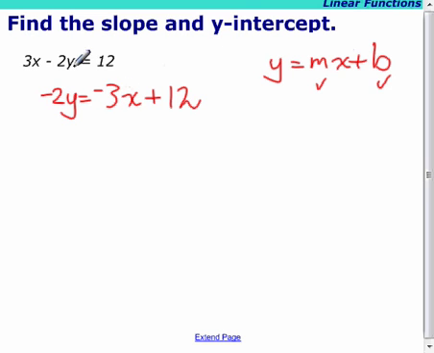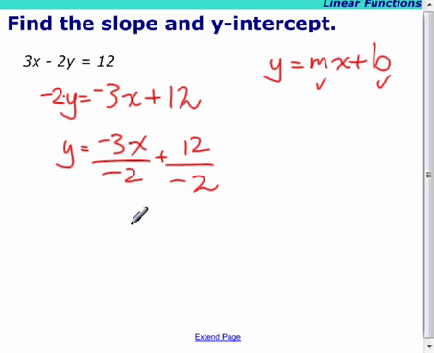Next step is I have to have y, not negative 2y, but y. So I need to use the division property, which says that if I want to get rid of this negative 2, which is being multiplied, I'll divide every term in the equation by negative 2. So I'll come up with negative 3x divided by negative 2, and a positive 12 divided by negative 2.